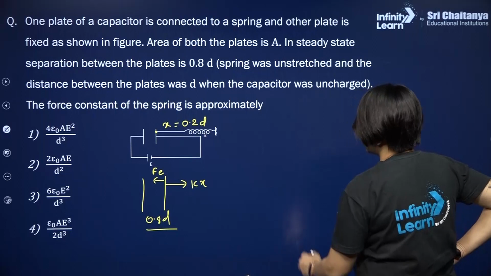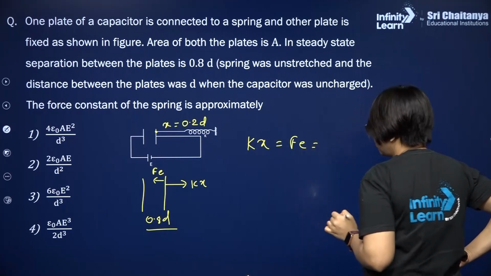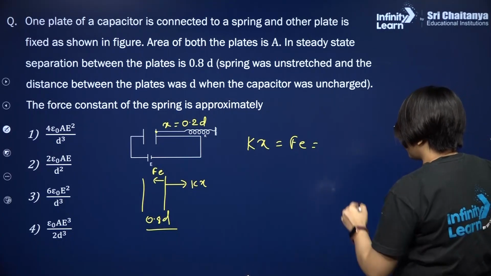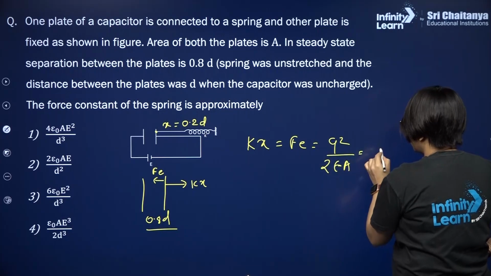The force constant K: Kx equals Fe, which is q square upon 2 epsilon naught A. q is equal to CV.